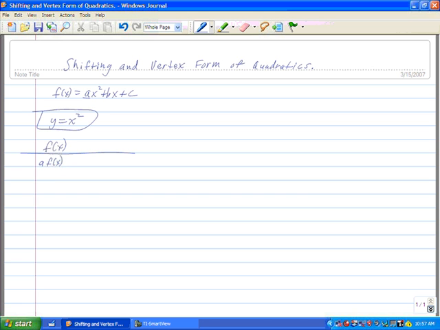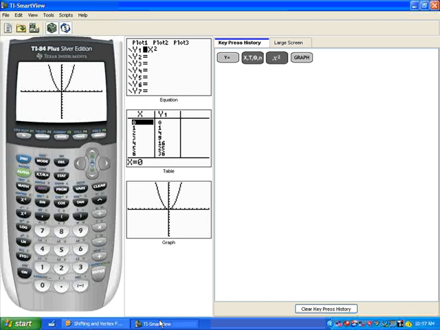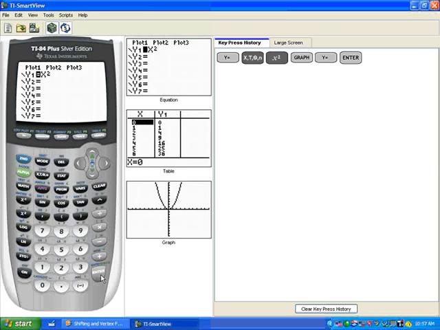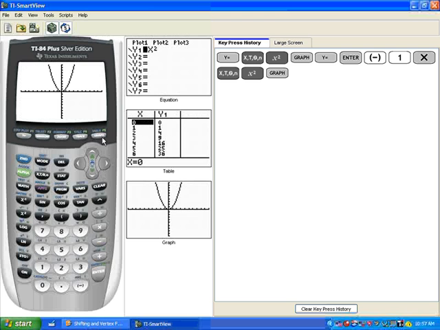Now let's go with an easy constant to begin with. Let's go with a -1. So I'm going to come down here, leave the original x squared graph where it was, and put in -1 times x squared, and see what happens.